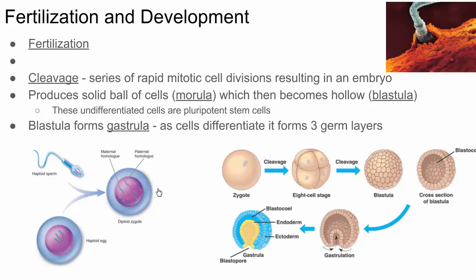So after ovulation, an egg is released from an ovary. One of those ova starts to travel through the fallopian tube, and that's where it can be fertilized. Fertilization is the combining of the nucleus of a sperm cell, the genetic material of the sperm cell, with the genetic material of the ovum.